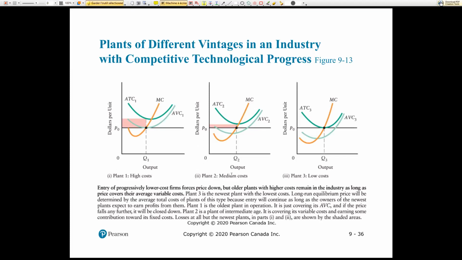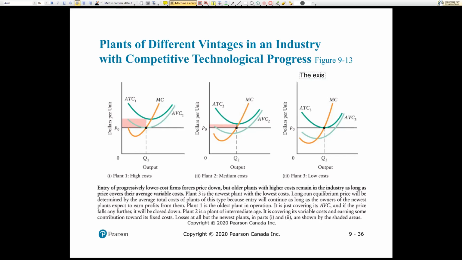Then the medium cost industry, they're a bit better, but still they lose a bit of money. And ATC 3 are the ones that really are able to survive. And you see that the price is not dictated by these firms, because consumers want to pay the least possible amount of money.